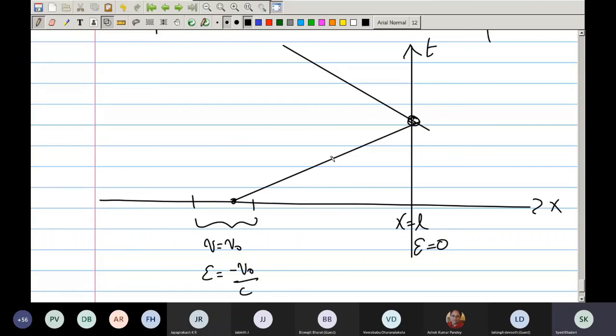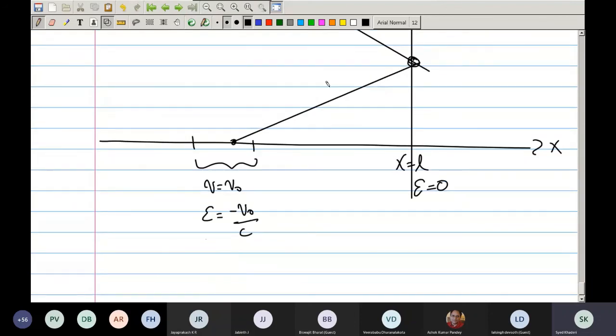I have to find out my alpha value. So what is my alpha value? So along this line, let's say 0, 1. So along 0, 1, I have V minus C epsilon is alpha.